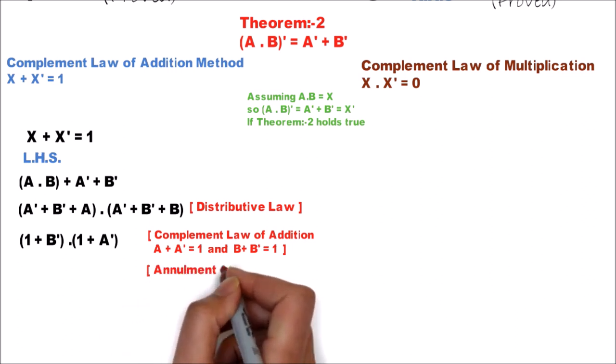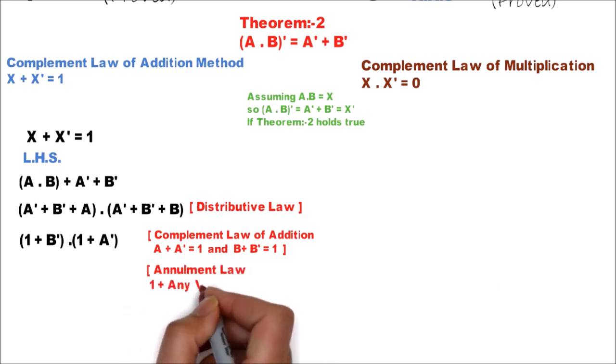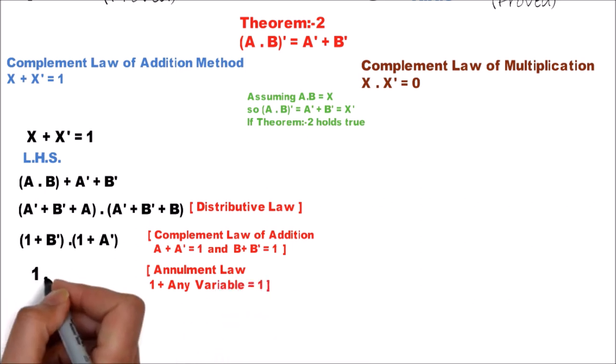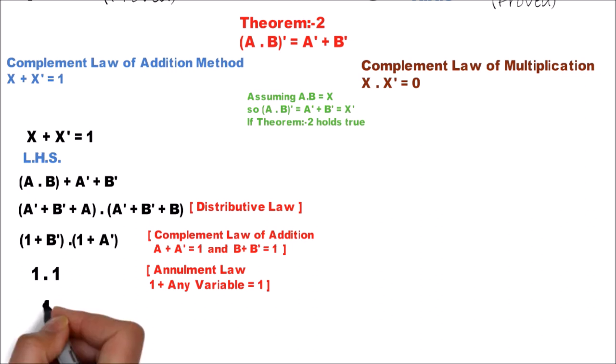And we know, according to the annulment rule, 1 plus any variable will always equal 1, and the final result will be equal to 1, which is the RHS.